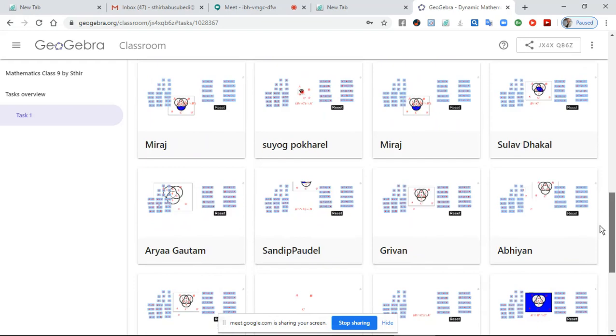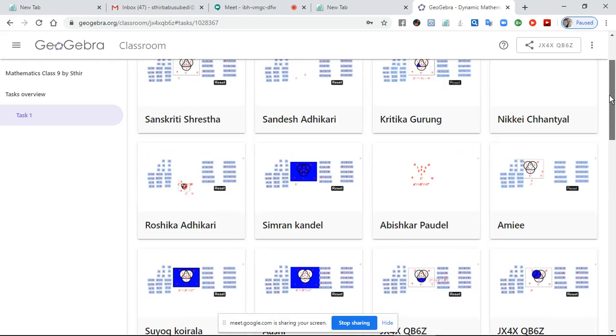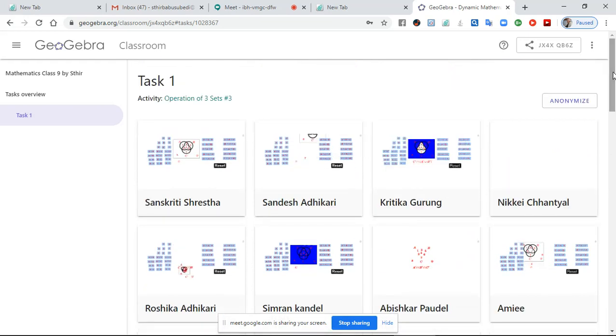Directly I can see. It means the main purpose of making this class is to measure your engagement level. Just you are observing or not, how you are finding, how you are engaging with the activities.